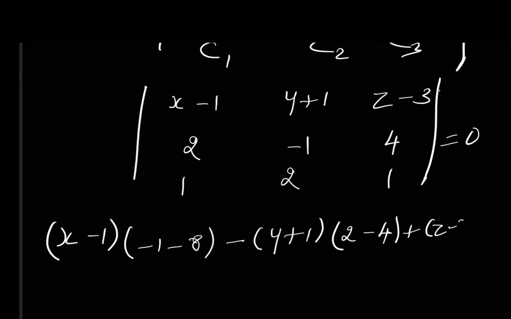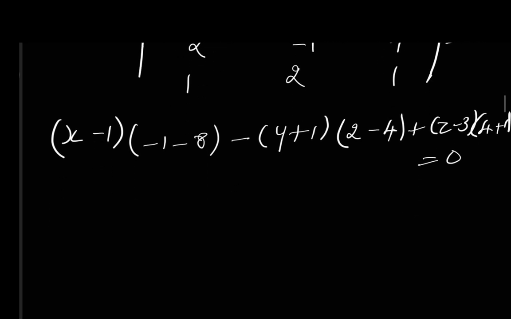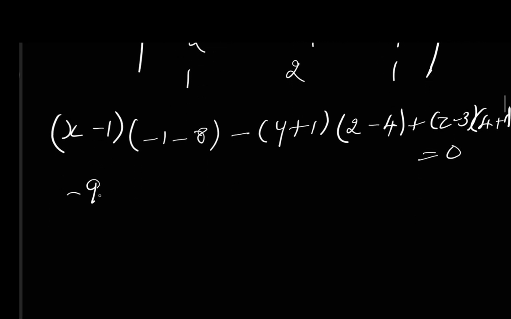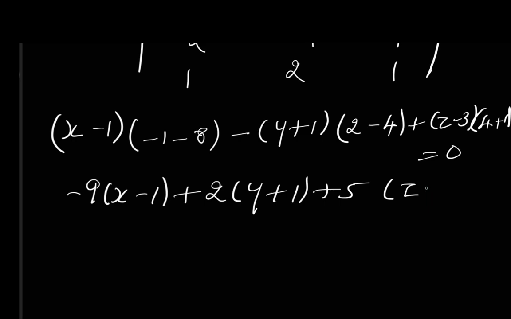Plus z minus 3 into 2 times 2 is 4, minus 1, so plus 5. So minus 9 into x minus 1, plus 2 into y plus 1, plus 5 into z minus 3 is equal to 0.